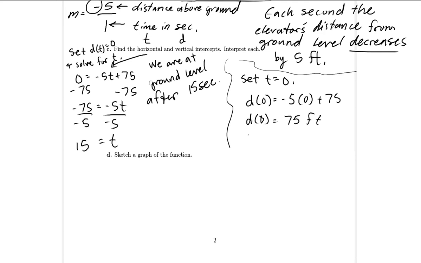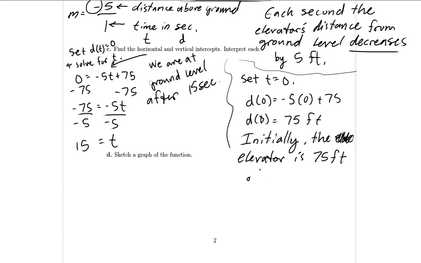Or another way of putting it is initially, right off the bat, the elevator is 75 feet off the ground. So as you are doing these problems, you want to really make sure that you're feeling good about interpreting all these little aspects of the equations that you're coming up with.